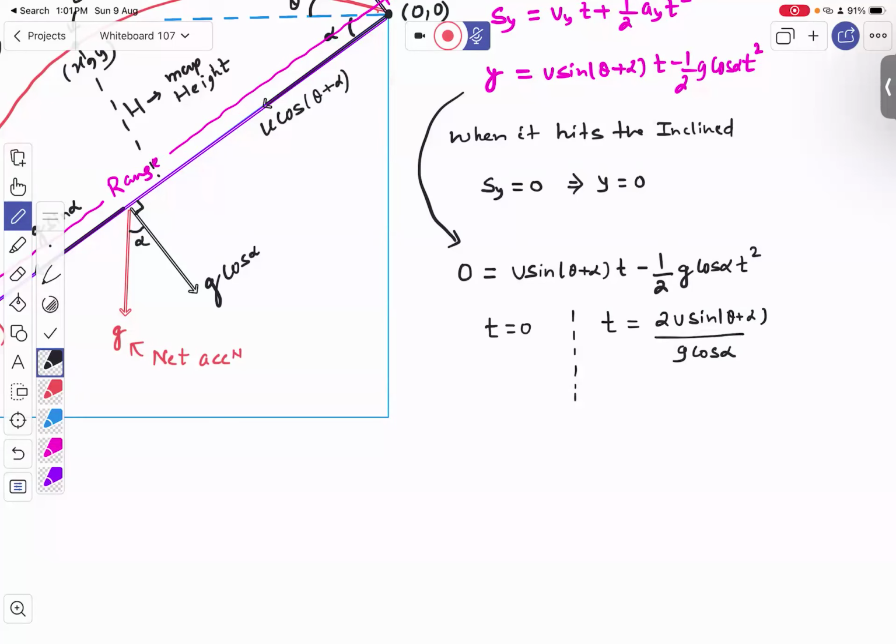Then it is totally fine because at t equals 0, we know y is 0. That is obvious, but even obvious answers will be given by the math. And again, when y is 0, that is the time which is our time of flight. I hope it is clear now.